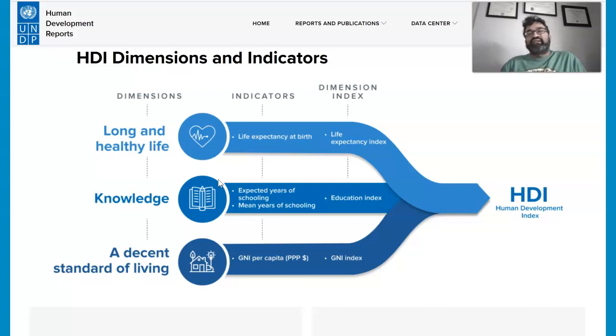Because one common statistical problem that you have in social science research is overfitting. Sometimes you have to use things like Bonferroni corrections, things like that. But one strategy is to use composite indices.